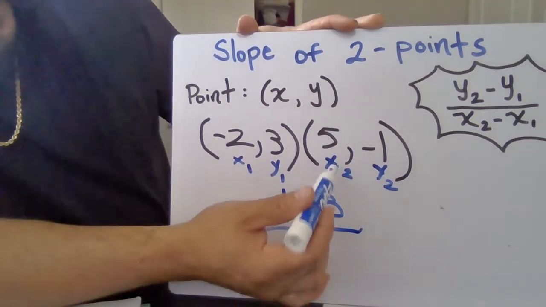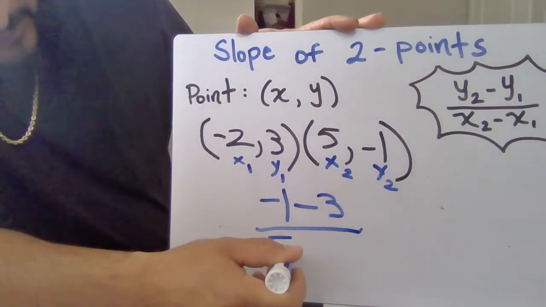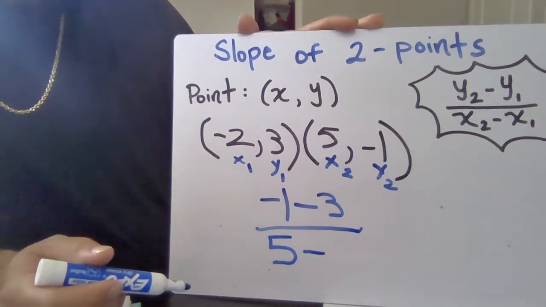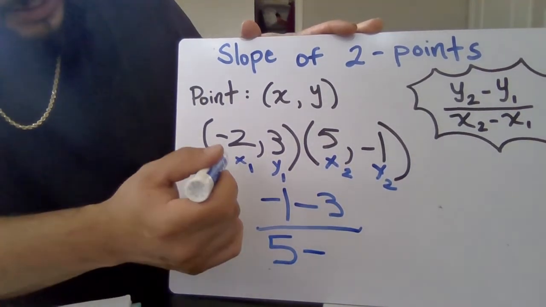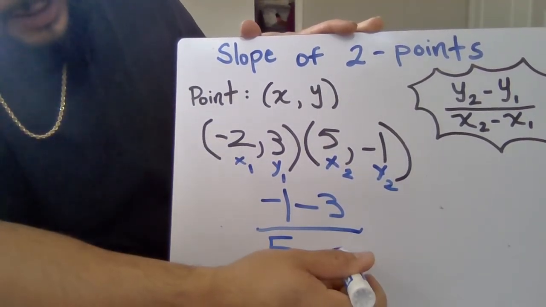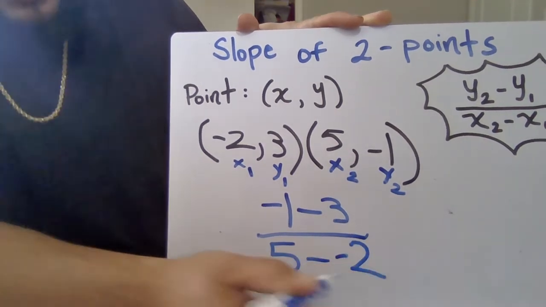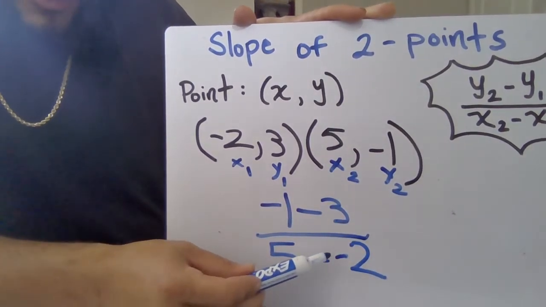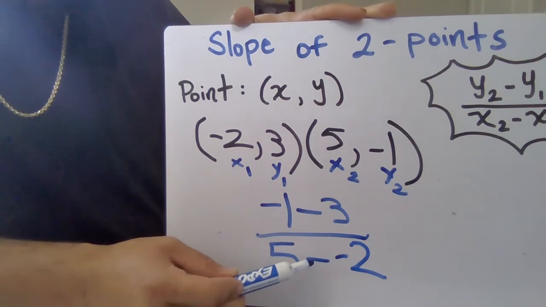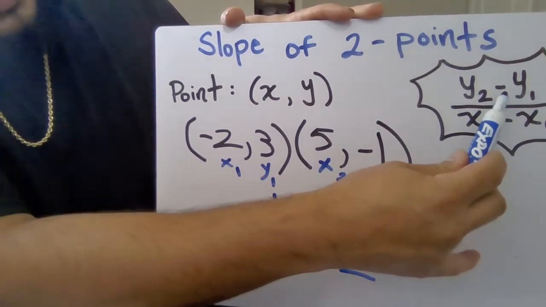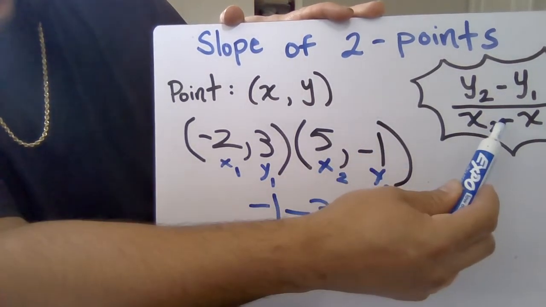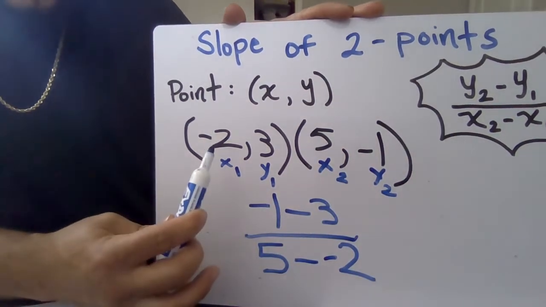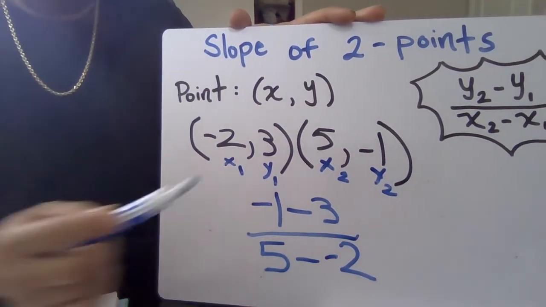So my second x is 5 minus my first x, which is -2. Notice I still put the negative even though there's already a minus sign. The formula has a minus sign in it already, so if I happen to have a negative number, I still got to put that negative there.